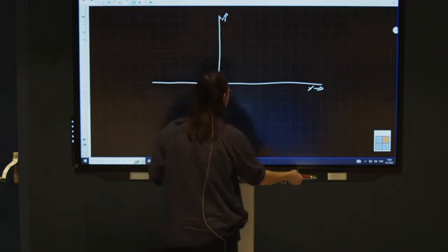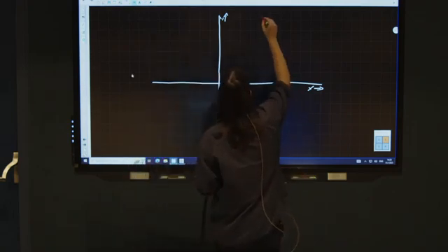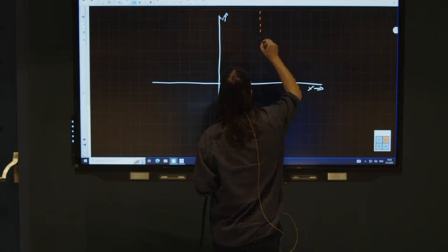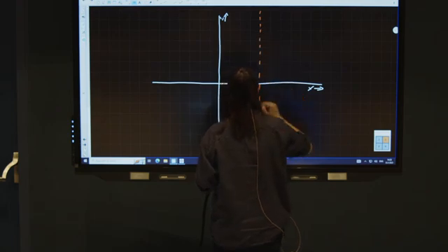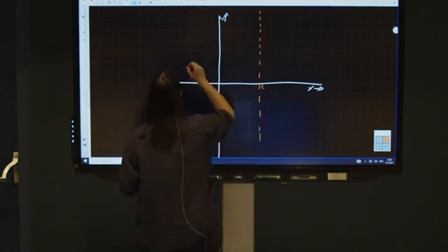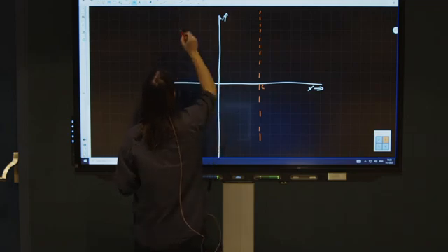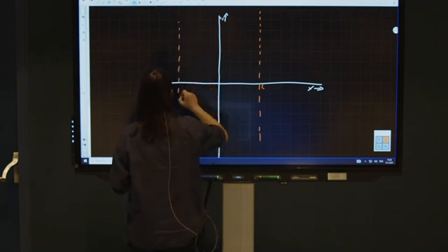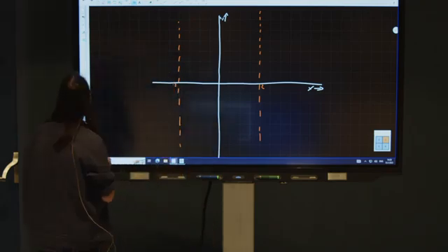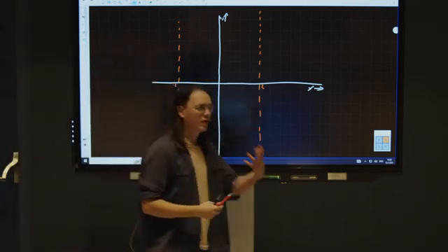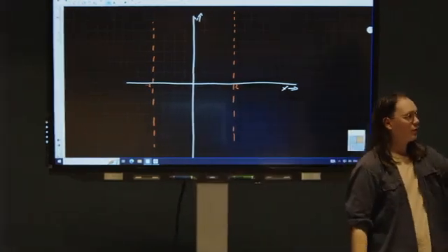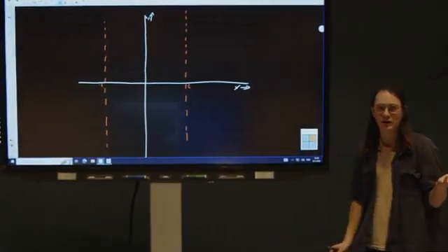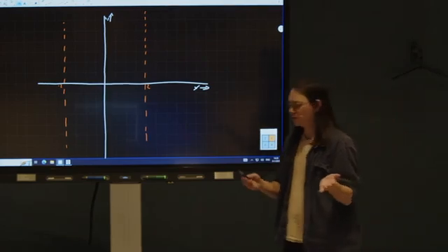And then here I have my vertical asymptotes. So once I've got my vertical asymptotes, I want to find my horizontal asymptotes. Of course, those aren't usually there, right? Very often you don't have any horizontal asymptotes.